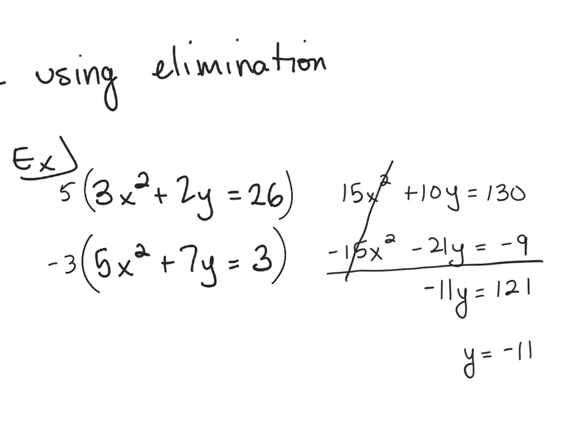Now that we have our y value, we need to go back and find x. So we can take any one of these original equations. I'm going to use this bottom one here. So 5x squared plus 7. Now that we know y, we can make the substitution. 7 times negative 11 equals 3.